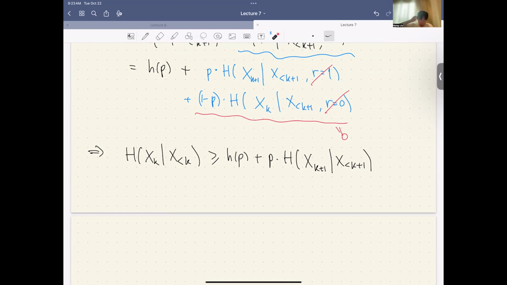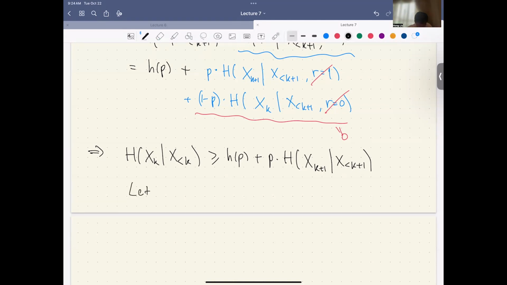So the rest is optimization, basically. I will skip this. Then you do optimization. This is optimized when p equals to, okay, maybe let me write a few words on how we do the optimization.